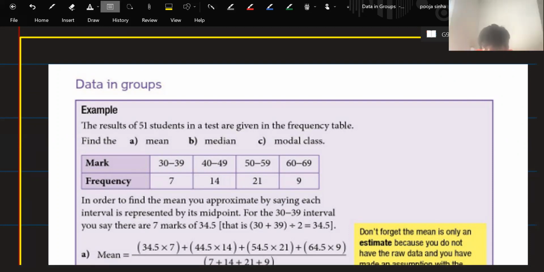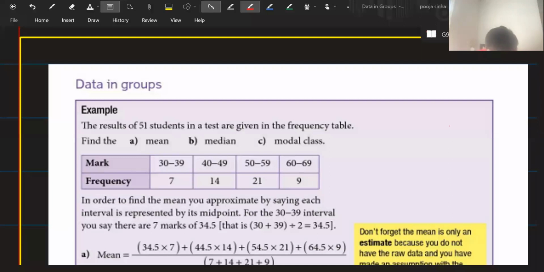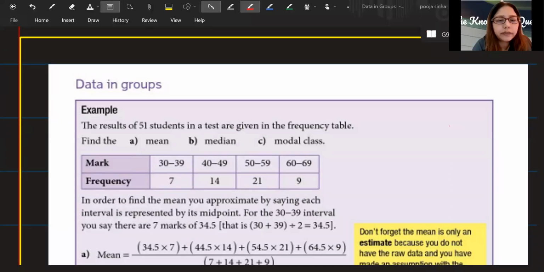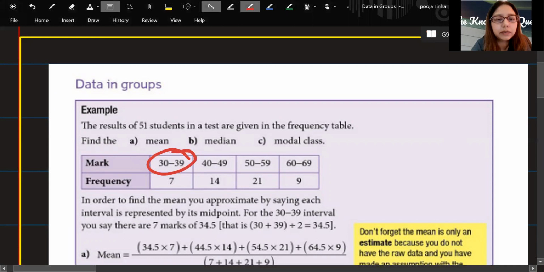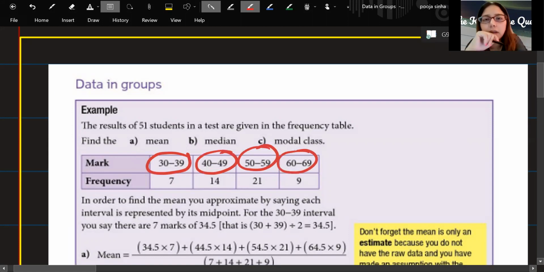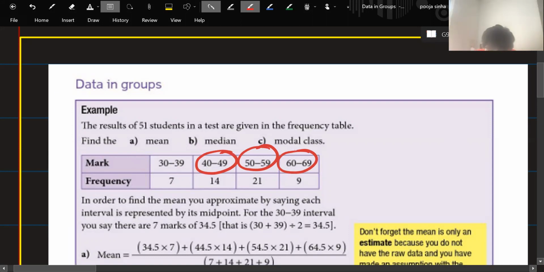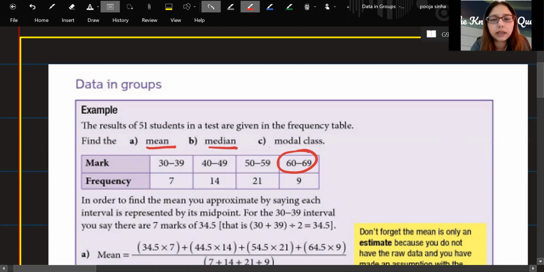So now I'm saying, what if my values are in this form? In a group. This is called a group. They are in table form, but they are grouped data. Then what will I do? How do I find out? I still have to find the mean, the median, and mode, but the data is in this form.